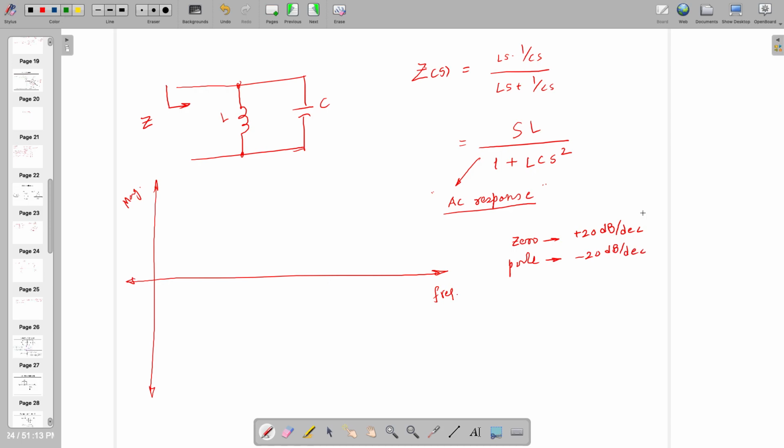Phase-wise it's 0 to plus 90 degrees, and this is 0 to minus 90 degrees. This is just for your information: if a pole or zero is available at the origin, then it's not 0 to 90 but it's 90 degrees.